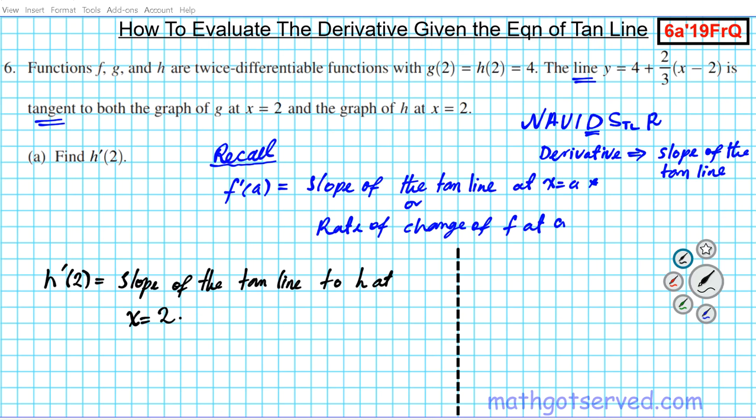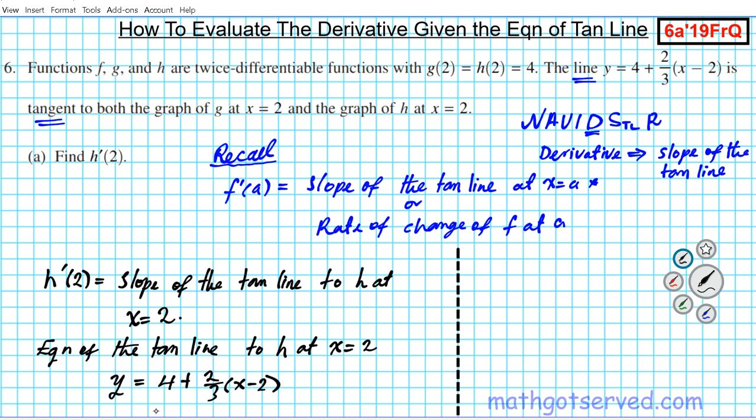If we can find the slope of that, then we're good to go. So we already know what the equation of the tangent line to h at x equals 2 is, given by y equals 4 plus 2 over 3 times x minus 2.